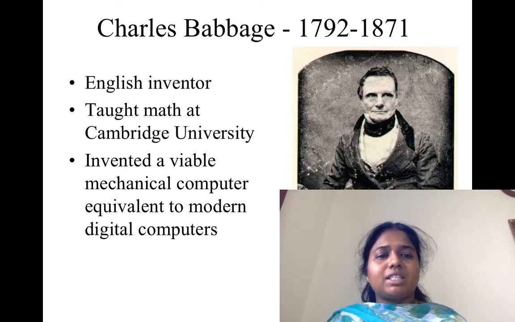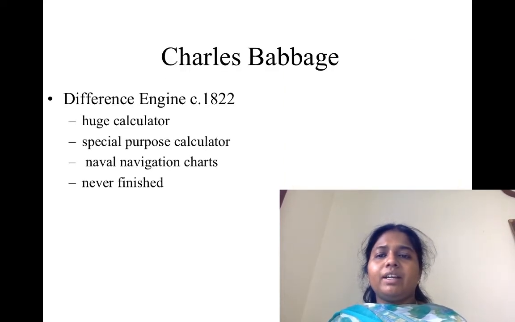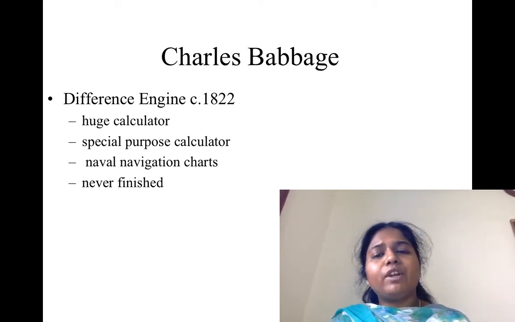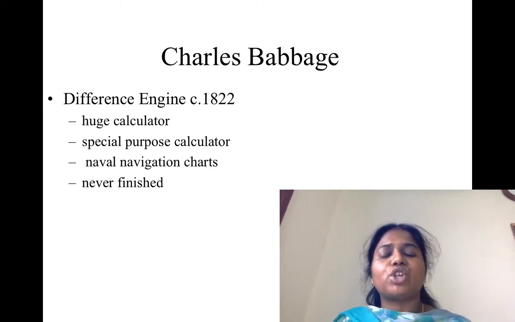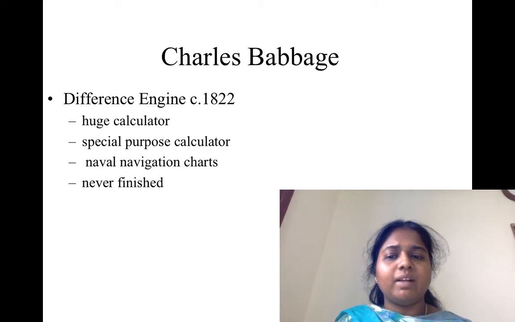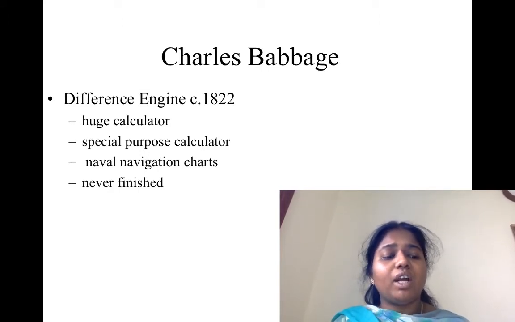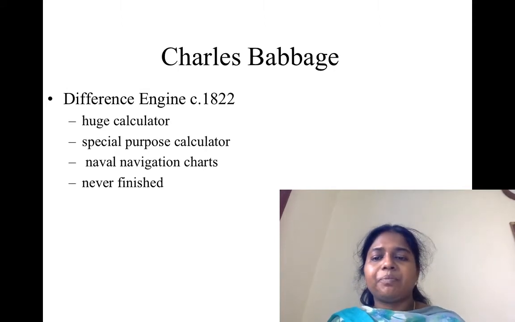He taught math. This is the man, and he came up with a machine called the difference engine. This difference engine was proposed in the year 1822, and it's nothing but a huge calculator. It's a special purpose one. It was used for naval navigation charts.